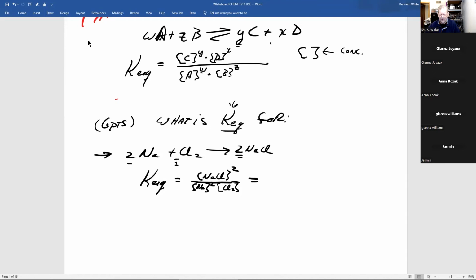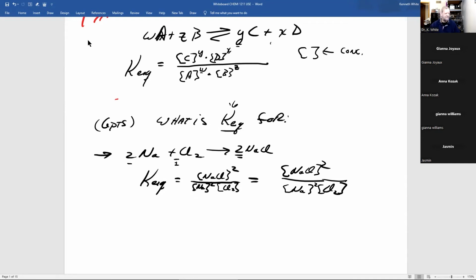And let me write this in larger script. And that would be the equilibrium constant, the formula.